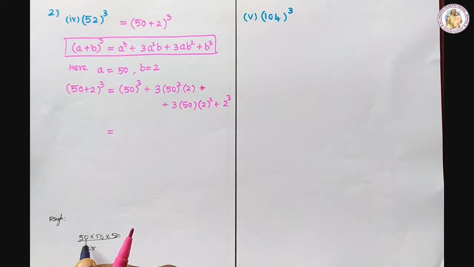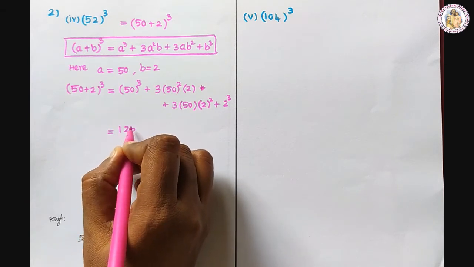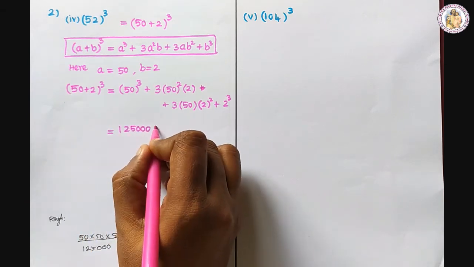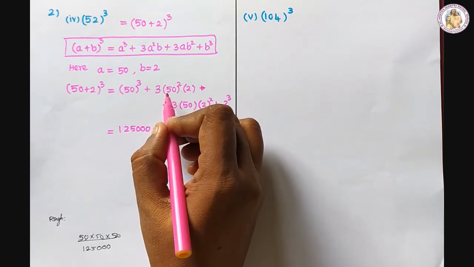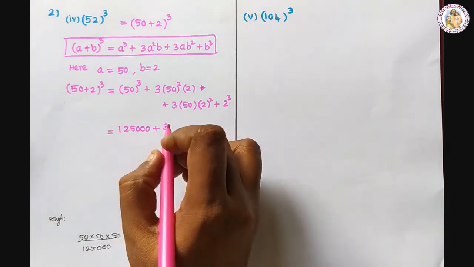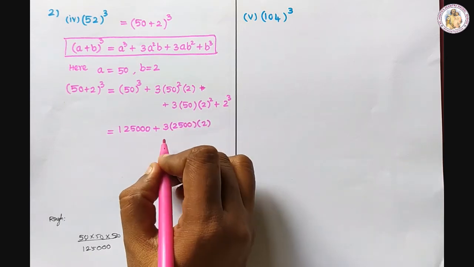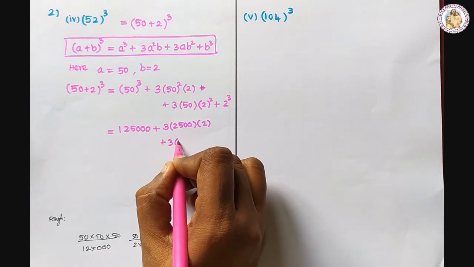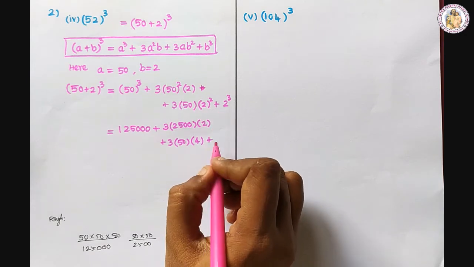Put the 3 zeros here, so 1,25,000, plus 3 into 50 square, means 5 5s are 25, put the 2 zeros, we get 2,500, into 2, plus 3 into 50 into 2 square, that is 4, plus 2 cube, 8.